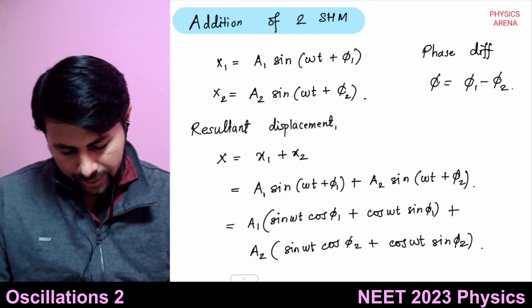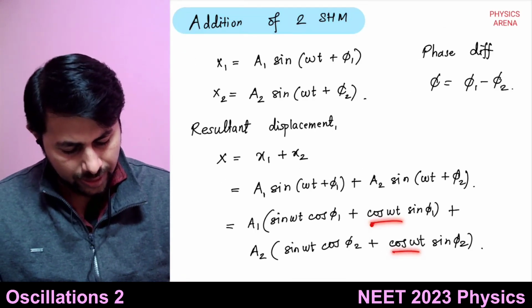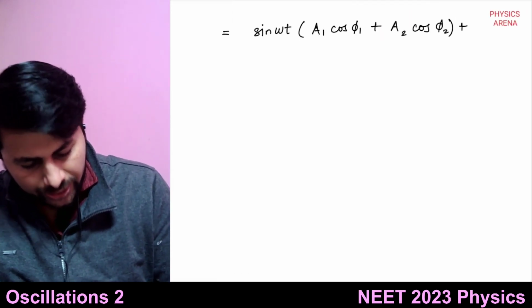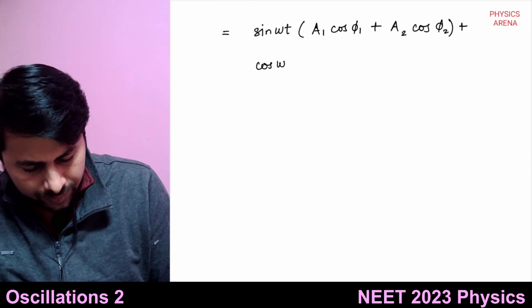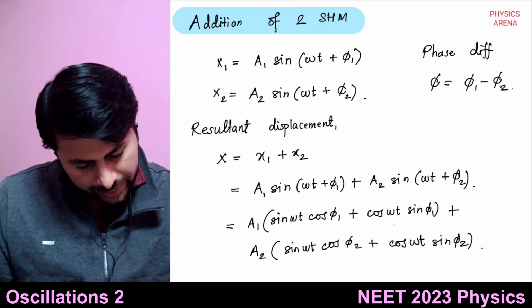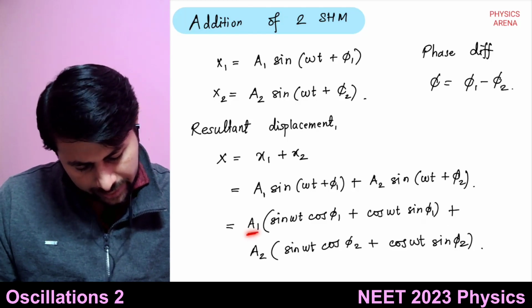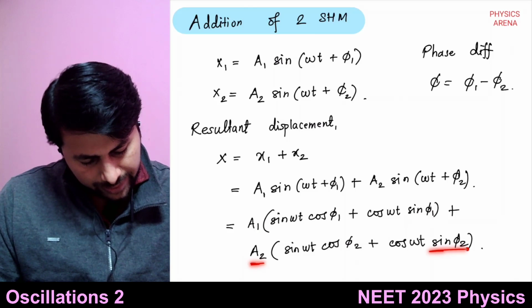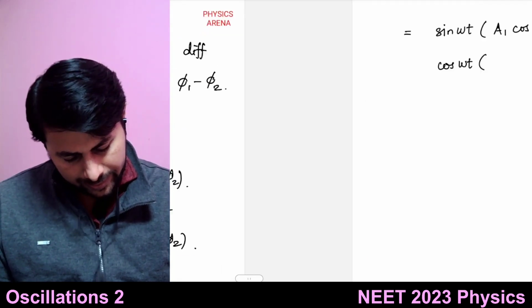Then what about this? If you take cos omega t common, what's left? It will be a1 sine phi 1 and a2 sine phi 2, right?